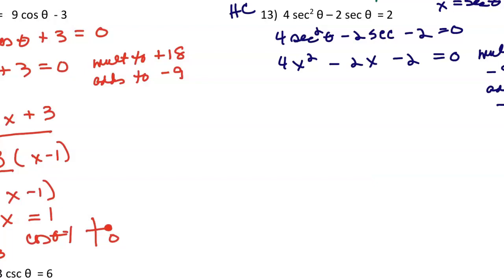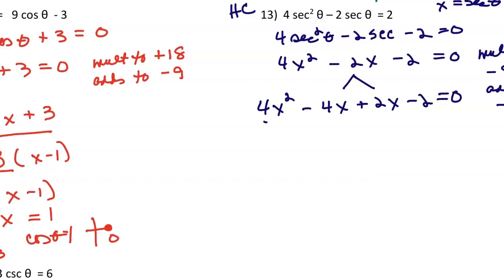So it's going to be negative 4 and positive 2. And decomposition is our mission. Decompose this middle term. 4x squared minus 4x plus 2x minus 2 equals 0.